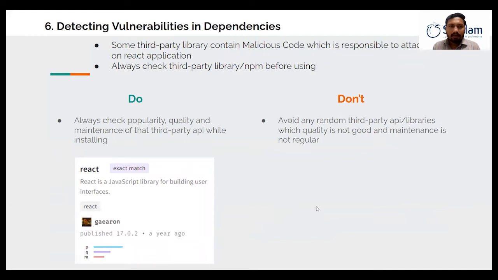Another thing is detecting vulnerabilities in dependencies. Sometimes we use third-party packages in a React application. While using npm packages or any libraries, we first have to check that the project or the npm package is maintained by its founder, or that it is currently maintained by a team.